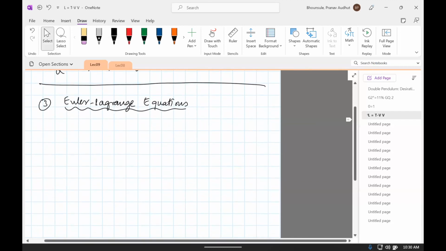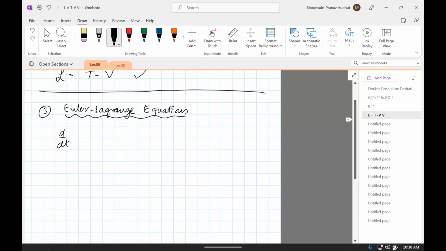So that would be d/dt of ∂L/∂q̇j minus ∂L/∂qj equals Qj, where small qj will be the degrees of freedom. In this case, you need two angles to describe the motion of the pendulum, θ1 and θ2.